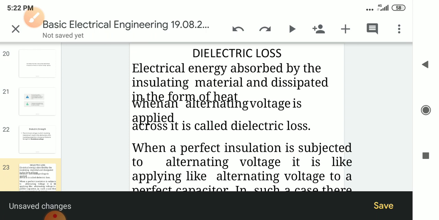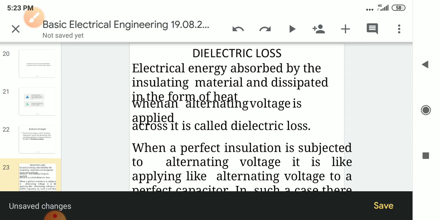One more time I will tell. What is this dielectric loss? When some voltage is applied, this insulating material absorbs the electrical energy. It is not a conducting material to conduct this electricity.